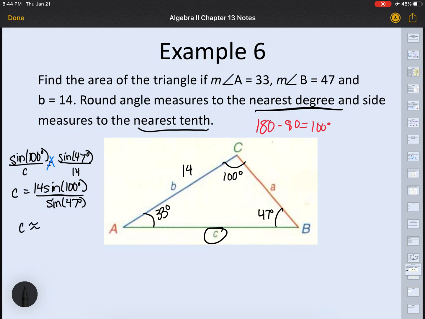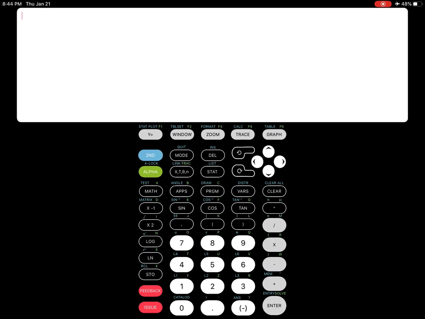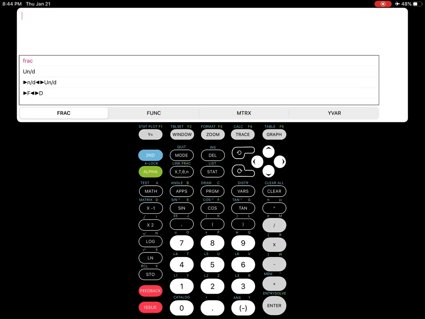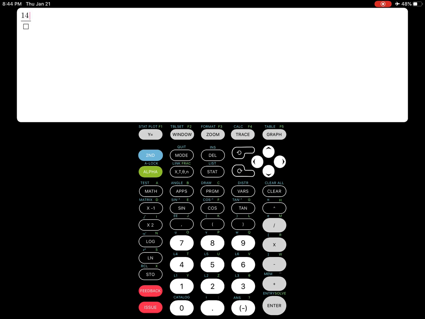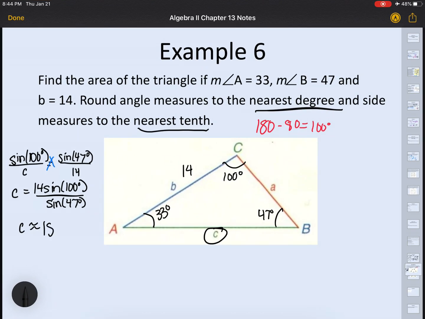So C is going to be about, when we put that in the calculator, 14 sine 100 all over sine of 47. And I should get 18.9 when I round. So here's side C, 18.9. So let's use what I got.